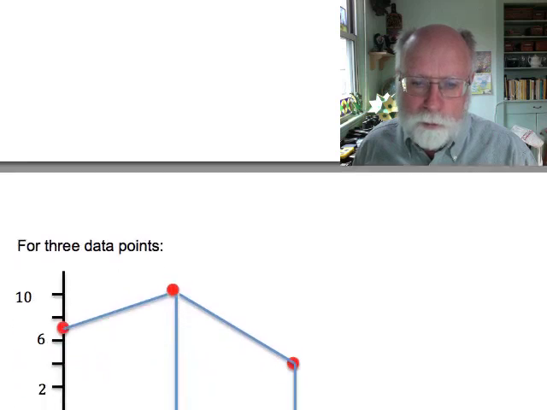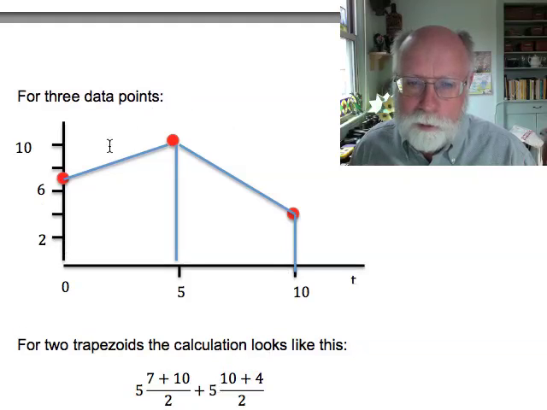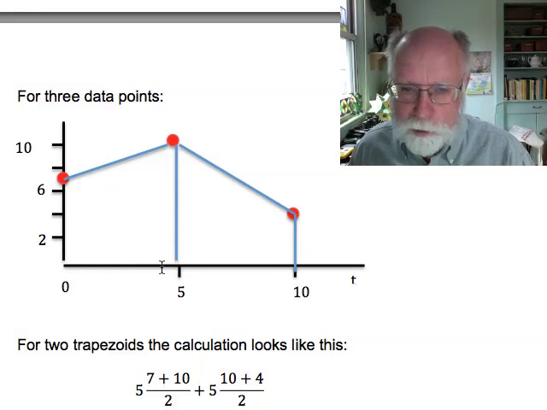So why do I have those particular weights? Well, remember the trapezoidal method works on a straight line approximation, and the area under this curve for this particular data set, which is the one we used before, is the area of that trapezoid, which is its length of the base times the average of the two sides, 7 and 10.